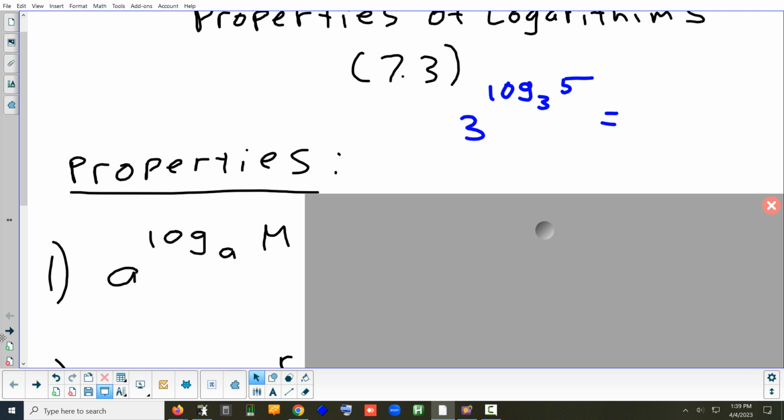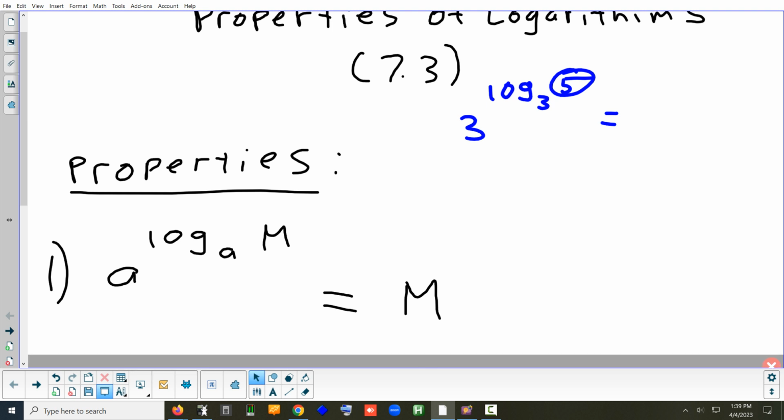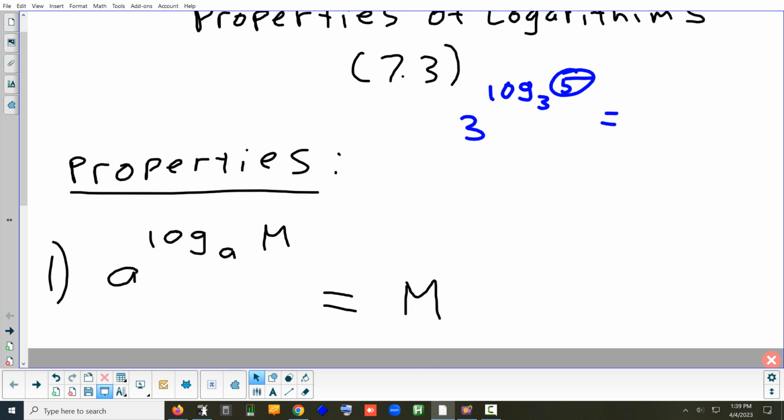If they match, then the answer is whatever number is sitting right there. So the answer comes out to m. So in this problem, 3 to the log base 3 of 5, the answer would be 5.